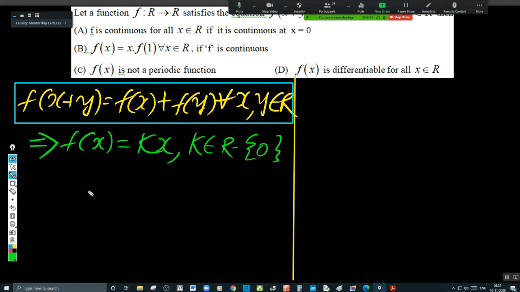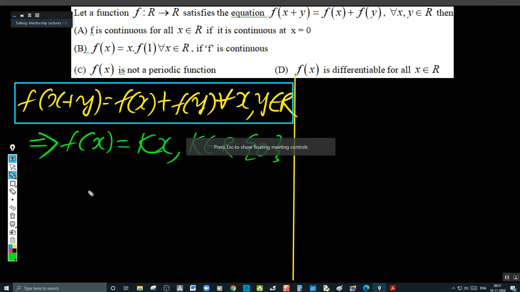Now let us check the options. First option is f of x, linear graph.